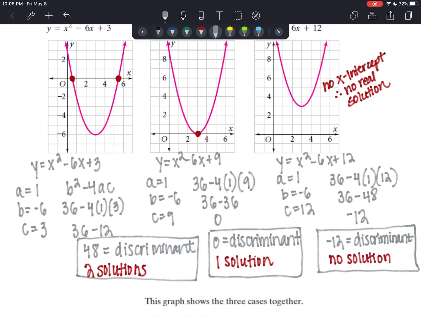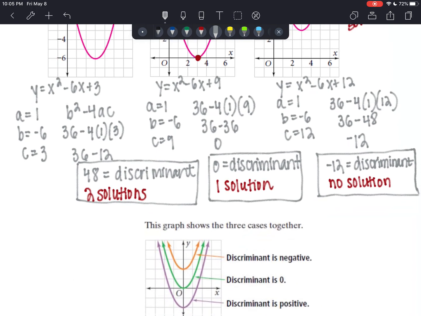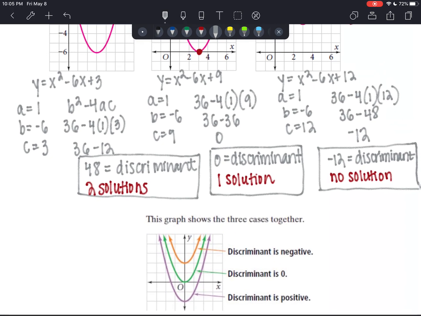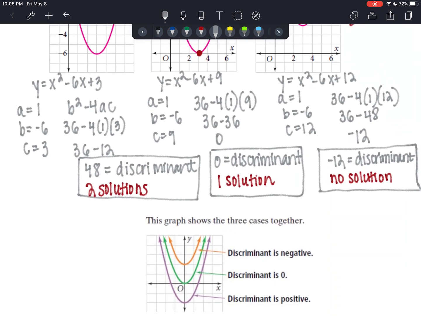So this shows you the different situations. Now I'm going to give you a rule. When the discriminant is negative, you have a parabola that does not cross the x-axis.